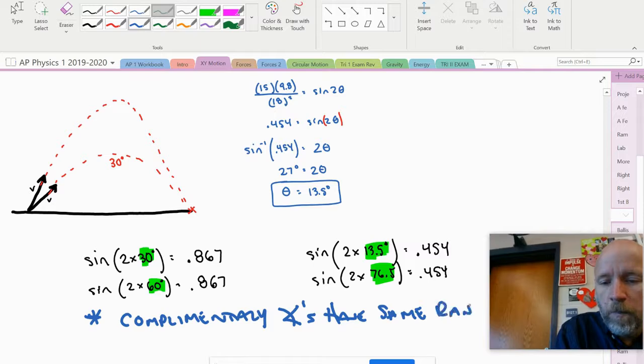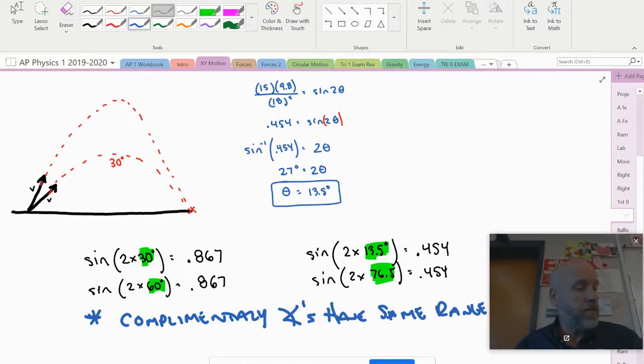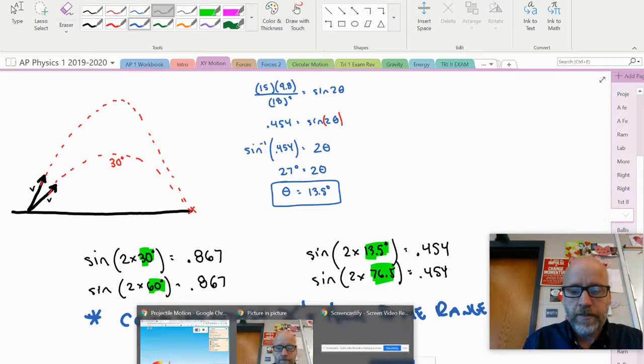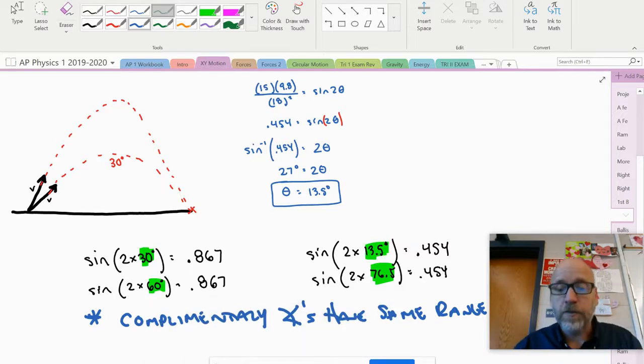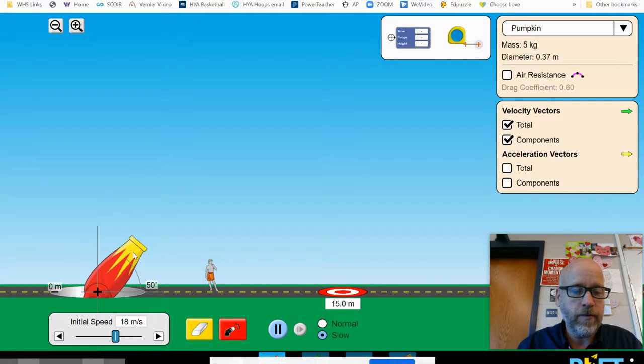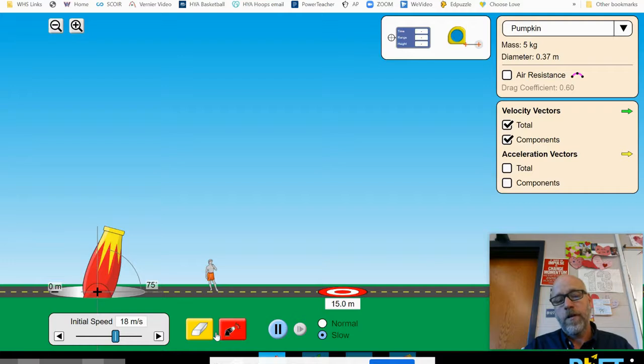So if we were to go back to our simulation, and since 13.5 didn't work, I should try 76.5 and see if that will do it for me. Now, this doesn't allow me to adjust it as precisely as the old setup, but I think I can get to 75 degrees.